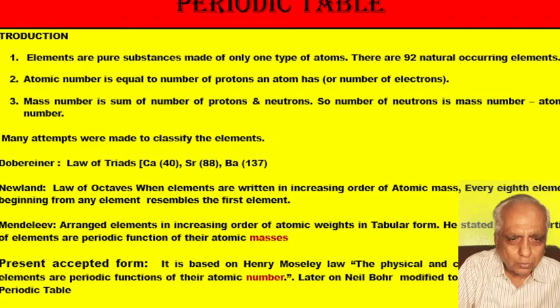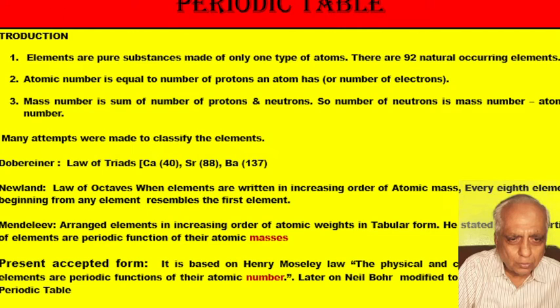Similarly, when more and more elements were coming to light, they thought it was difficult to remember the properties of all elements. Can we make some groups? Initially, groups were made into 2: metals and non-metals.